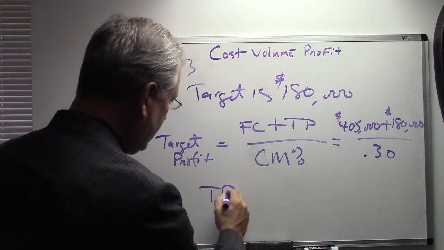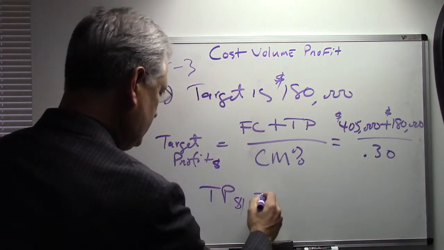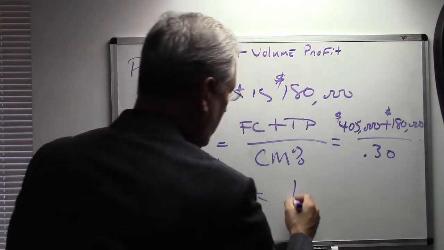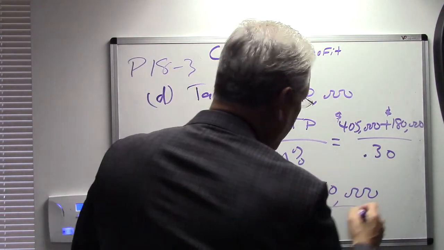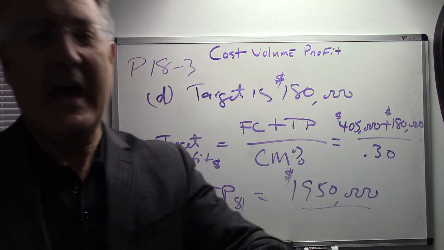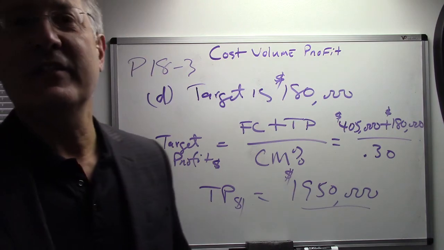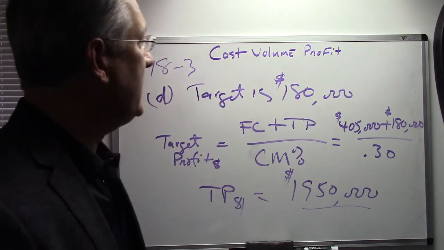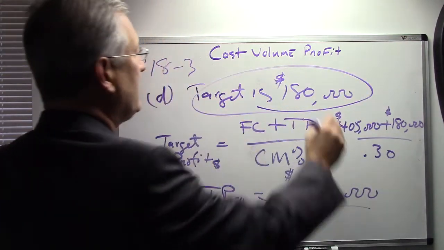Target profit sales dollars is going to equal $1,950,000. So what that means is when the company has total sales of $1,950,000, net income will not equal zero.